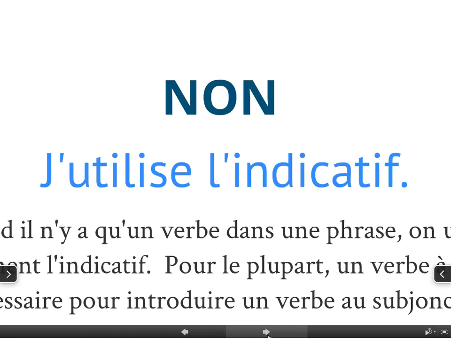But this could also be the passé composé or the futur simple, or all of those are indicative as well. Because when I say j'ai mangé, I ate, I'm still presenting it like reality. It just happens to be already done. Okay? Only one verb, most of the time you use the indicative.